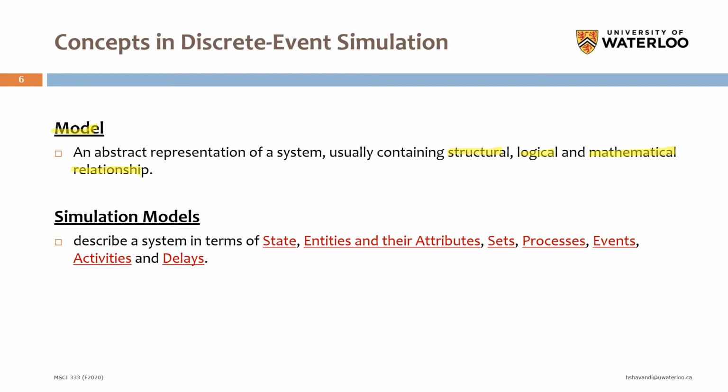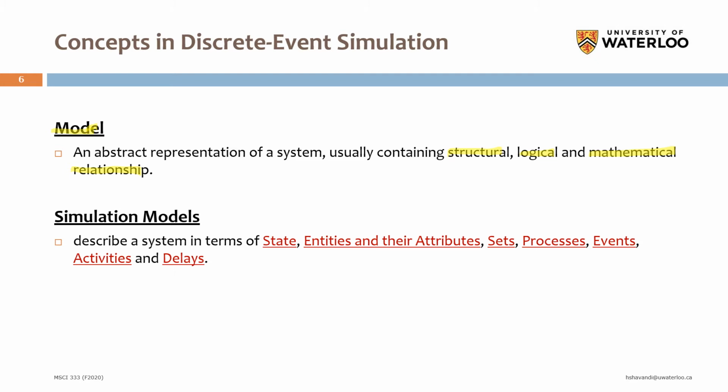But if the system is too complex and it's not possible to formulate it as a purely mathematical model, then we may need to use logical and structural relationships and formulations in order to represent that system.